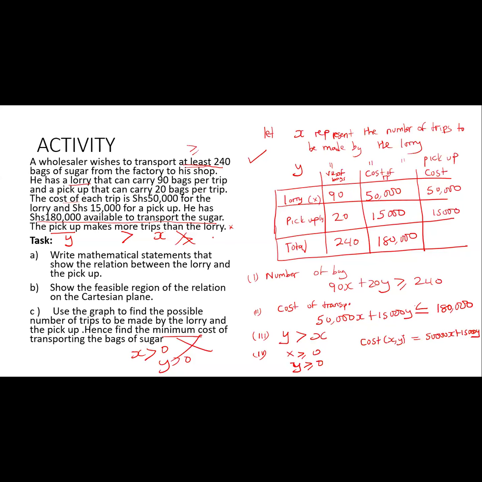In case you want to go on and reduce, then first write the original one and then reduce down. But don't just come out of the blue and say this equation is 9x plus 2y greater than or equal to 24, and you stop there. Where have you obtained it?